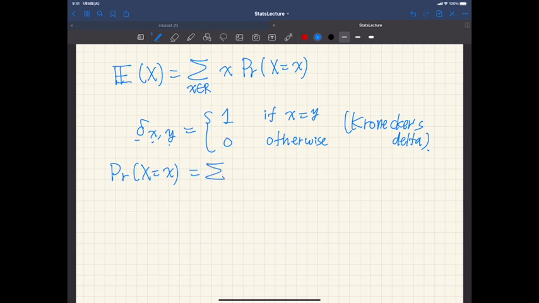If you introduce this one, we can write this probability as this. This is the probability that the random variable takes the value of this small x, which can be decomposed into the sum of probabilities.